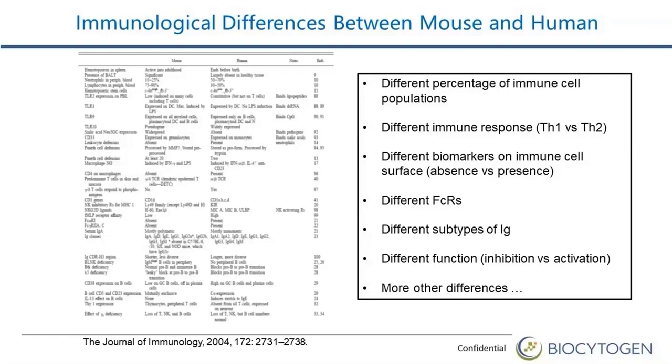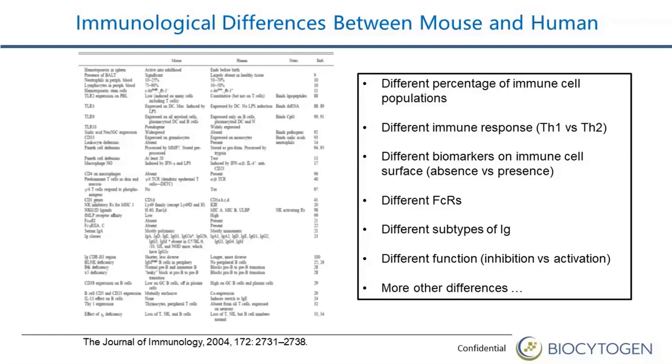There are also different immune responses, like Th1 and Th2 responses, in mouse and human. In mouse it could be a Th1 response, in human it could be a Th2 response. There are also different biomarkers on the immune cell surface. Some biomarkers are absent in the mouse but present in the human.